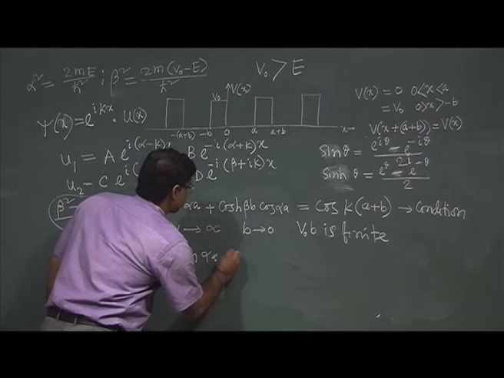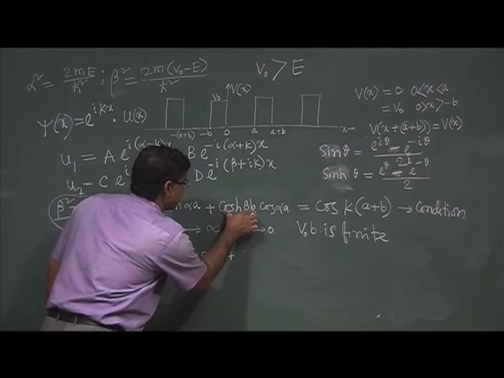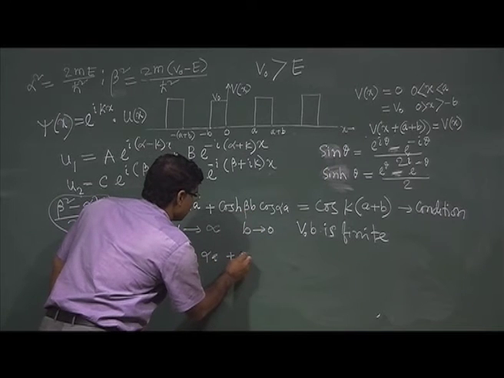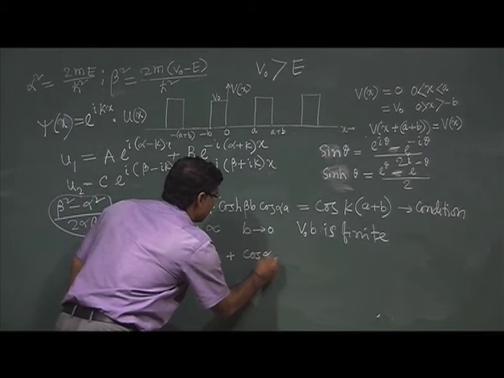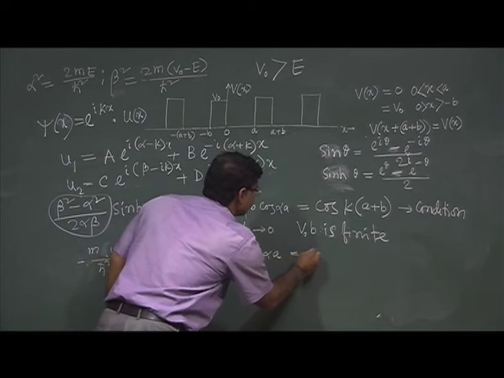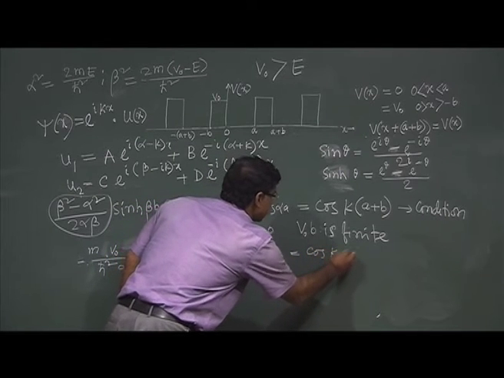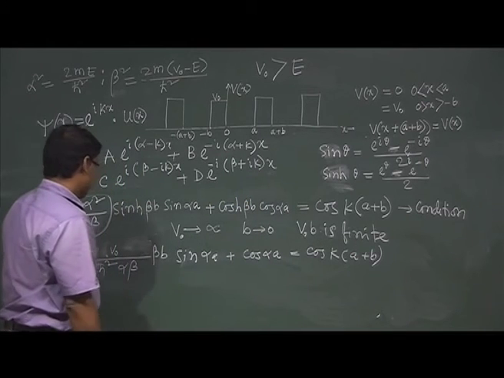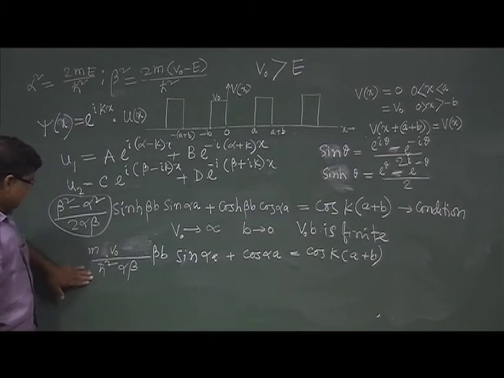So, I will get basically this is 1 under this condition, beta b tends to 0. So, I will get cos alpha a equal to cos k(a plus b), right. So, these are the things I got.